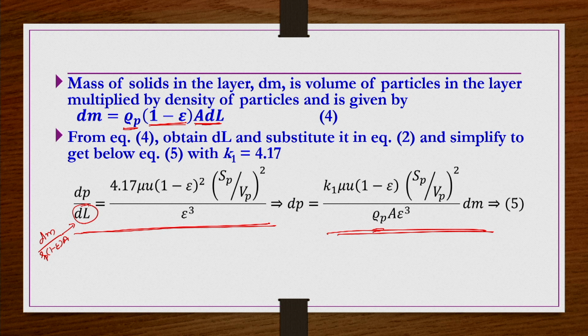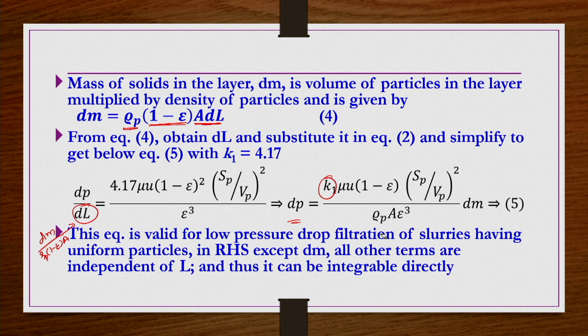Henceforth we can take this constant as K1. K1 is nothing but 4.17 if you compare with equation number 2. So K1 mu u (1 minus epsilon) (Sp by Vp) whole square divided by rho p A epsilon cubed dm is nothing but the pressure drop across that layer of cake of thickness dl that we have taken, right.